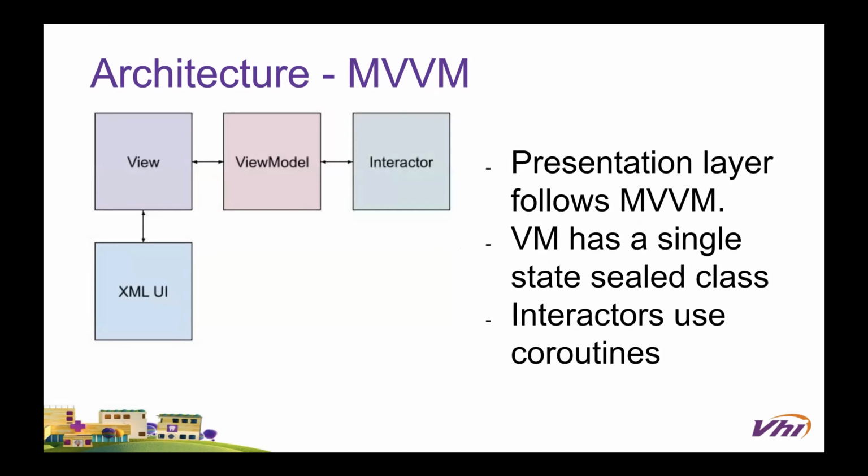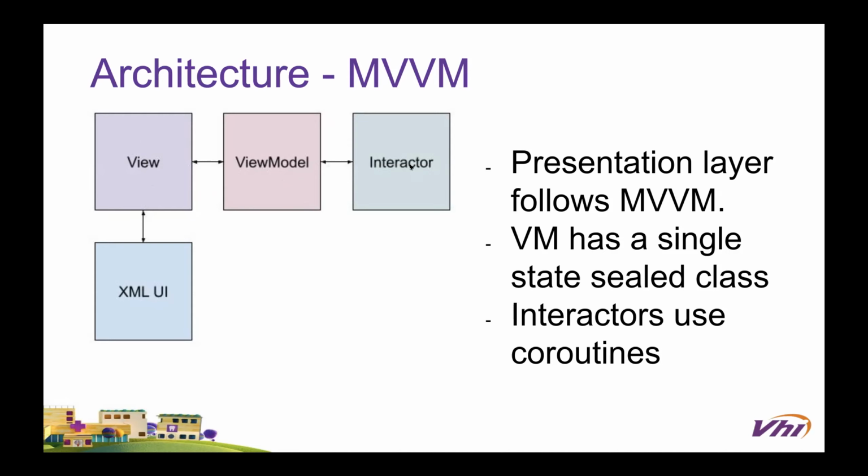Then on the presentation side, currently we basically follow an MVVM pattern. So you'd have the XML UI that interacts with the view, and then from there the view subscribes to changes on a single state live data object. Basically if we need to do, for example, a network request on the click of a button, the click of the button would happen on the view. It would forward that onto the view model.